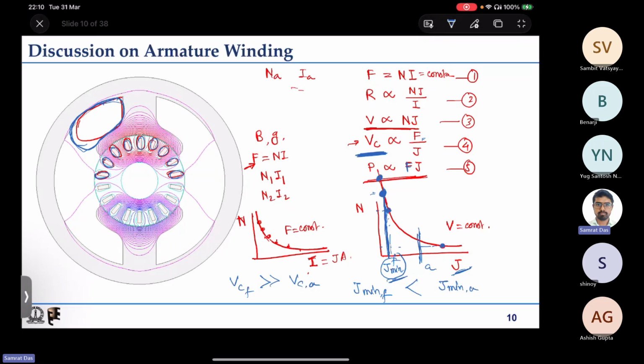If you want to actually do the optimization, then obviously the copper will also have some cost. Finally, in any design, you want to reduce cost.